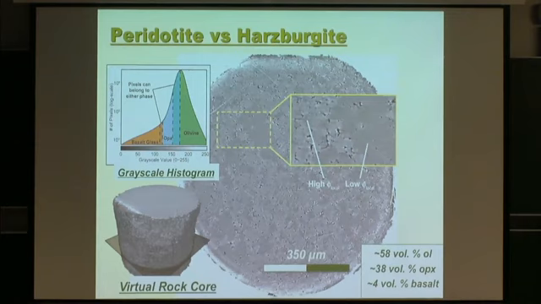So we're going to do a little bit more: how about harzburgite? In petrology jargon, peridotite is dominantly just olivine as a solid phase, whereas if you add orthopyroxene, OPX, then a higher percent of OPX gives you the harzburgite.